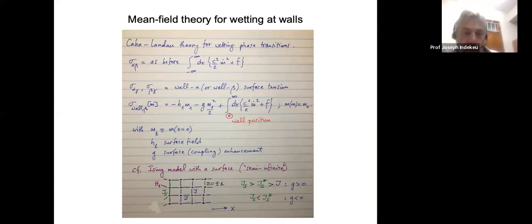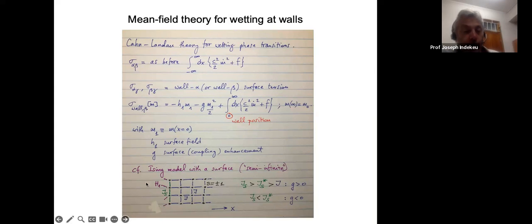On every vertex or site, we put a spin plus or minus 1, and we introduce nearest neighbor interactions J in the bulk and J surface along the surface, which is here this vertical boundary. And we also assume that there is a surface field acting on these surface spins, which tries to orient the spins along with the field.